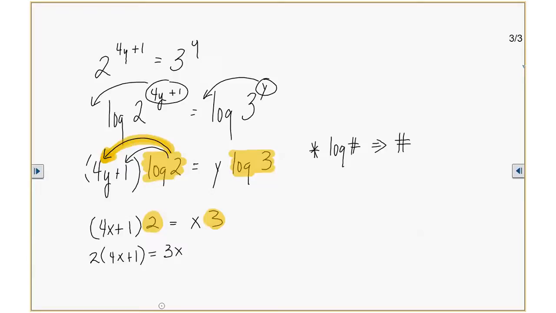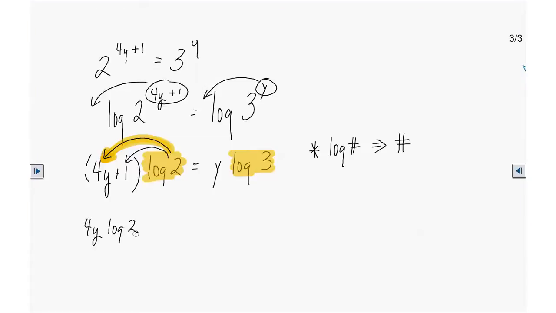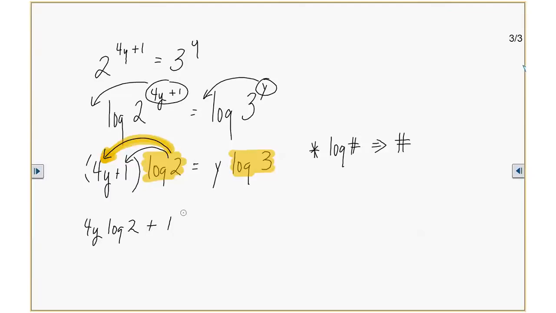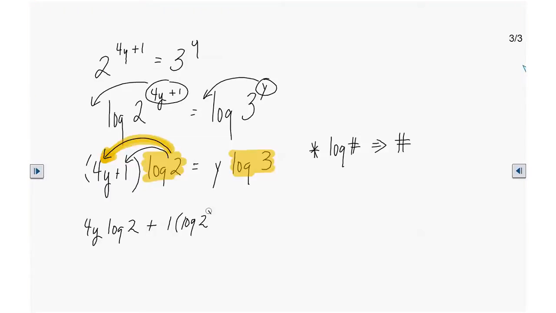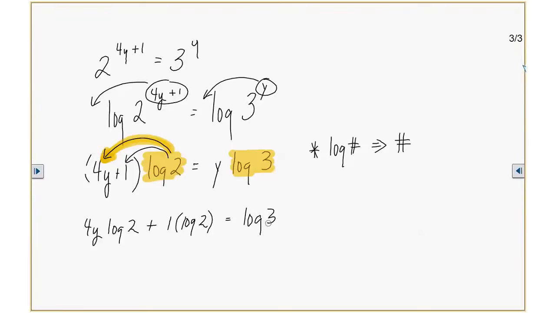So now whether you turn it into a decimal or you just treat it like a number, you just go 4y times log of 2 plus 1 times log of 2 is equal to log of 3 times y. And the reason I put the log of 3 in front of the y is because what is the log of 3? It's a number. And now you can change those into numbers and finish the problem.